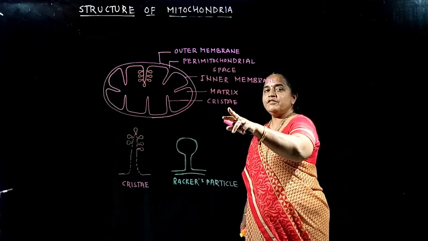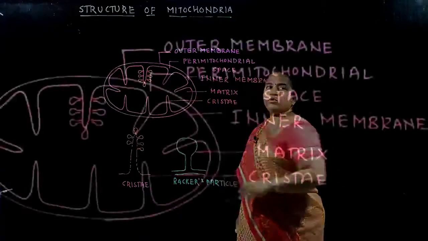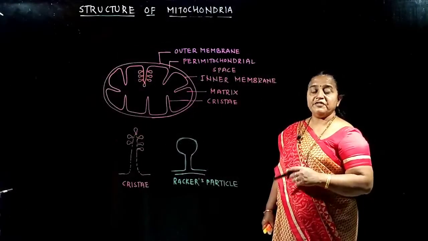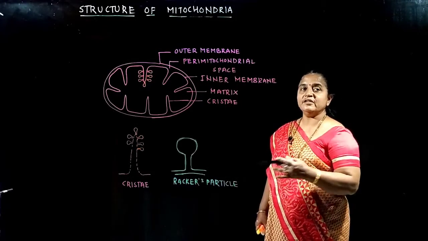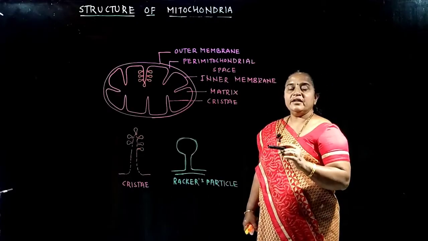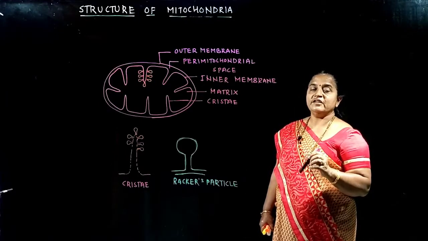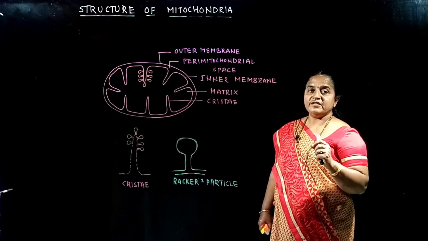On the inner surface of cristae, there are minute particles known as elementary particles, Racker's particles, F0, F1 particles or Fernandez-Moron particles. These are various names given. Each elementary or Racker's particle is said to be a reaction center where the electron transport system is present.